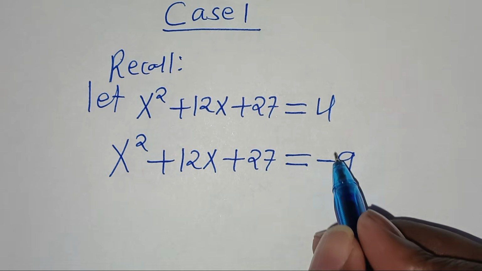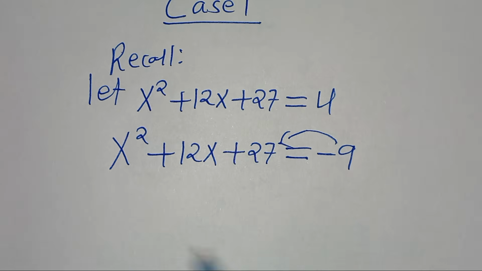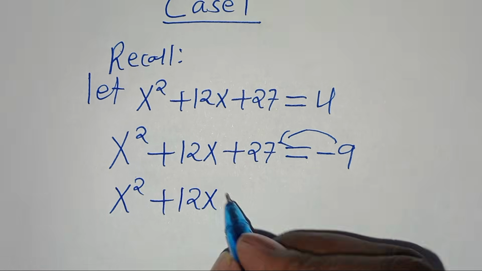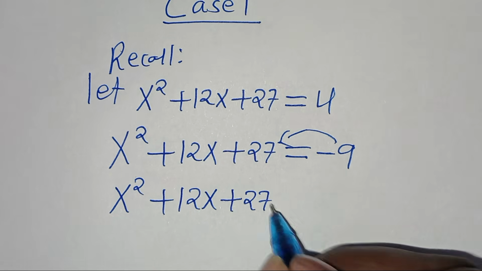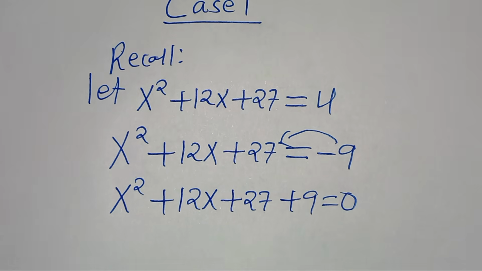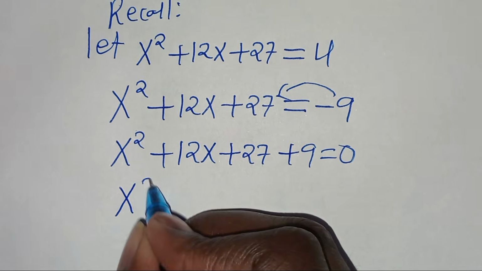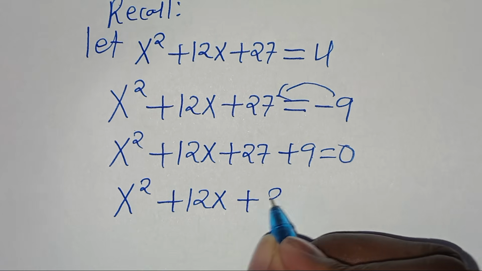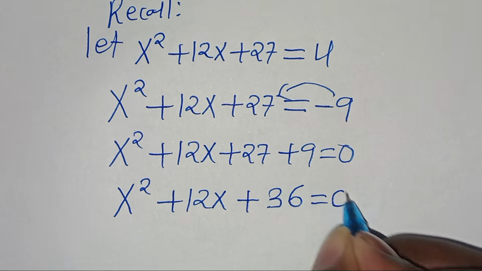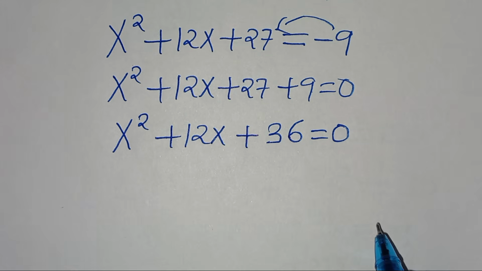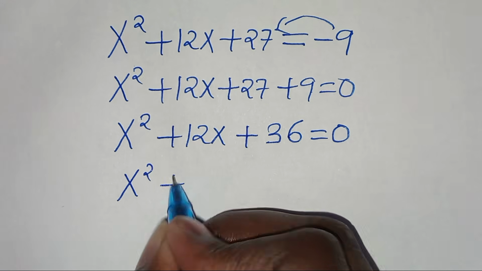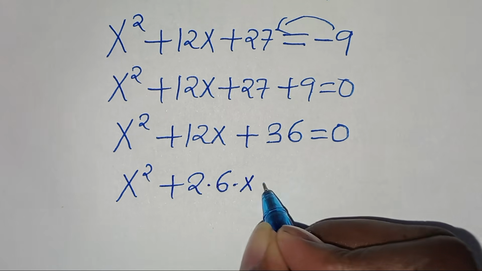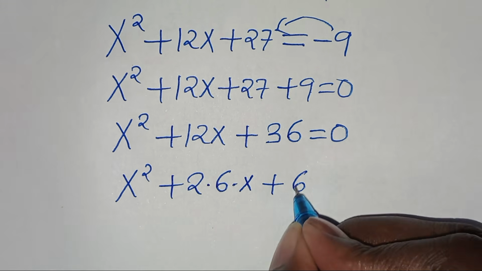Let's take minus 9 on the right hand side so that we have x squared plus 12x. Now here we have plus 27. Minus 9 becomes plus 9. This is equal to 0. So this is x to the power of 2 plus 12x plus 27 plus 9. This is 36. This is equal to 0. Now we can express this as x to the power of 2 plus 12, which is the same thing as 2 times 6 times x, plus 36, which is 6 to the power of 2.